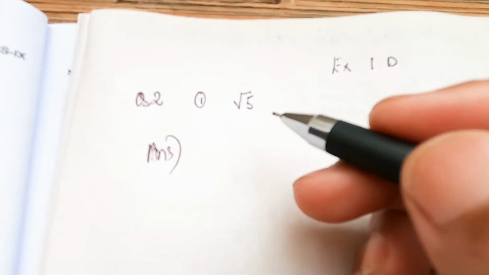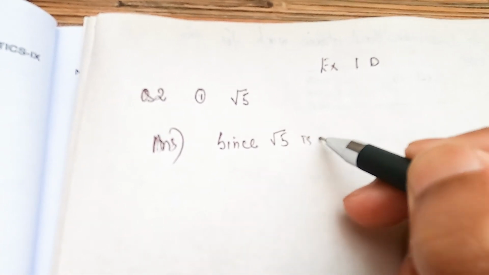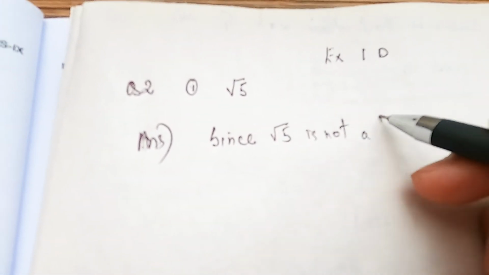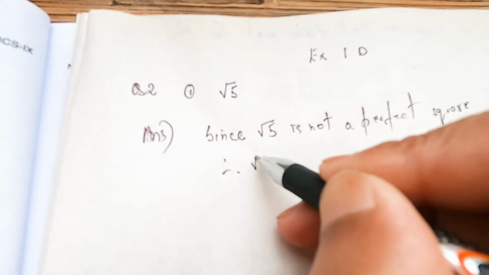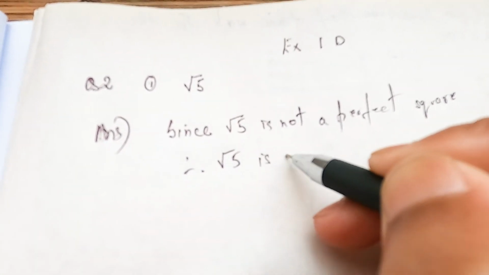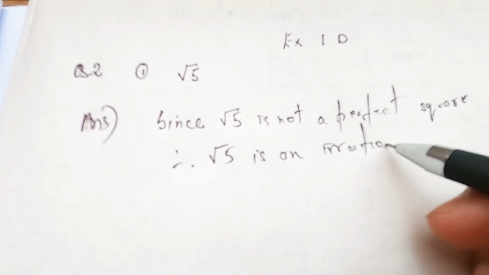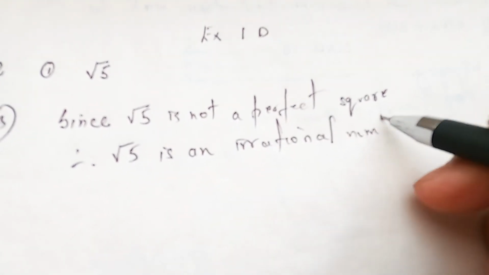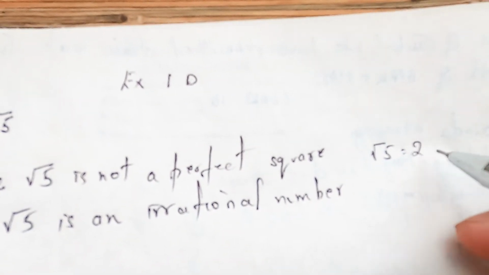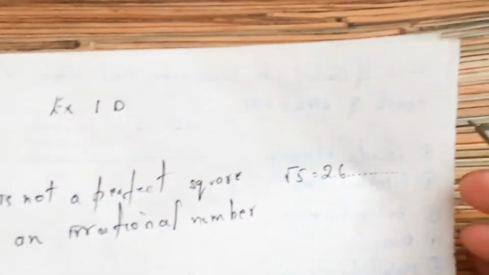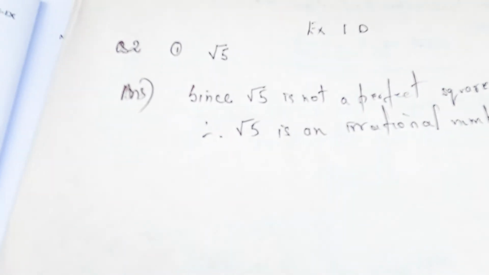Here you will write: since root 5 is not a perfect square, therefore root 5 is an irrational number. Because the value of root 5 is 2.236 something, non-repeating, non-terminating, that's why root 5 is an irrational number.